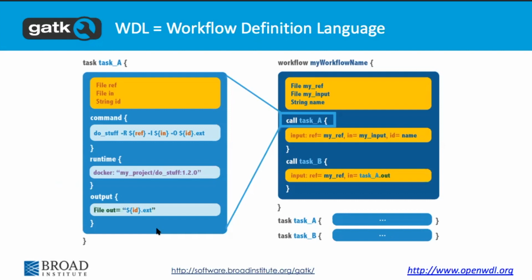And so at that point, all you need to do is specify an array of the input samples. So this, for example, takes one BAM, and then you can have another workflow that takes a list of BAMs, but then it calls this workflow with only one BAM.